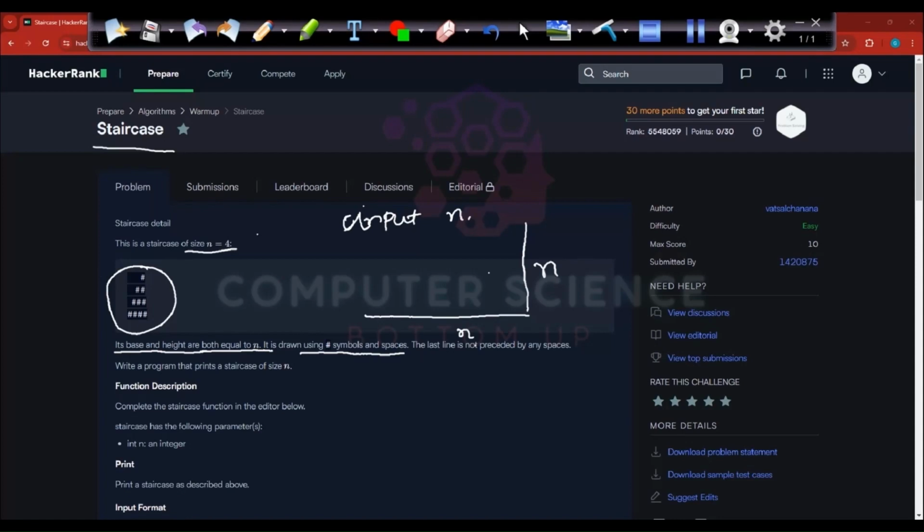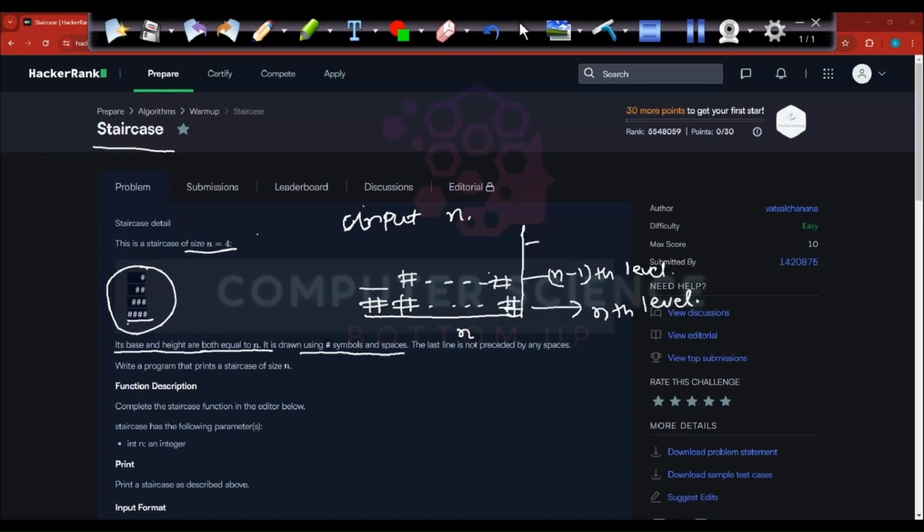So at the bottom layer, all you have is hash. If the length is n, you are going to have n hash at the bottom. This is the nth level. Going to the n minus 1th level, first you have one space and then the rest are hash.